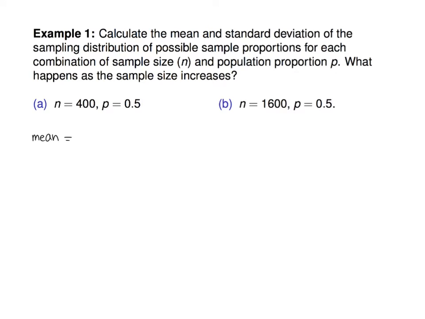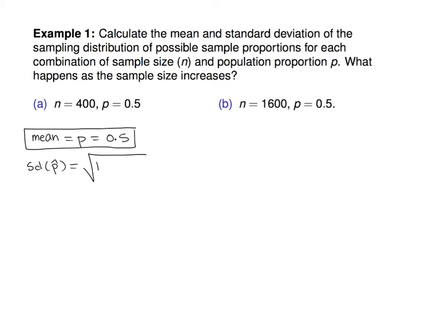The mean here is the true population proportion, which is 0.5. The standard deviation of p hat tells us how much samples of size 400 are going to vary, and that is given by the square root of p times 1 minus p over n.